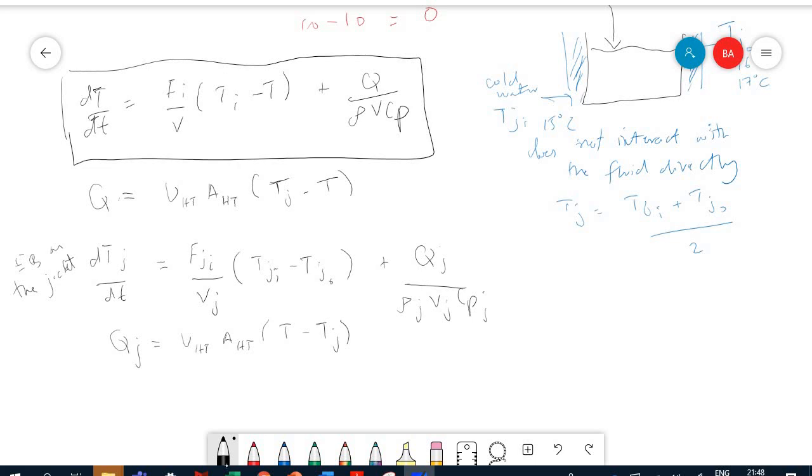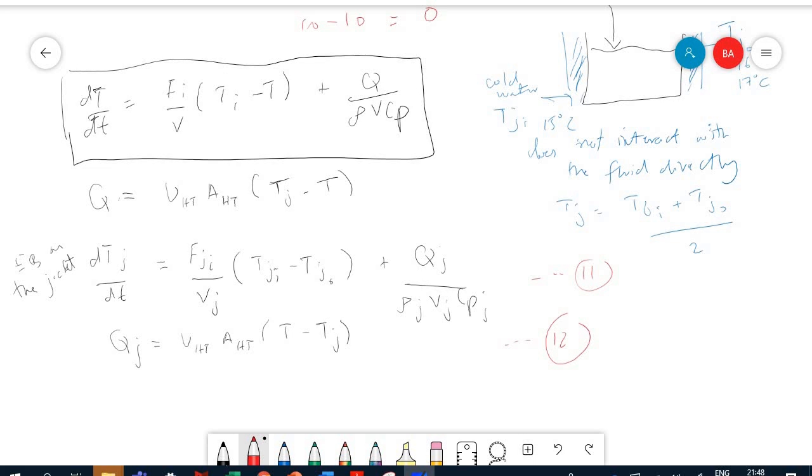But it depends mainly on the heat transfer that changes the jacket temperature. So what we are trying to say here is that we are adding two more equations, like number 11 and number 12, and actually we have two more variables.